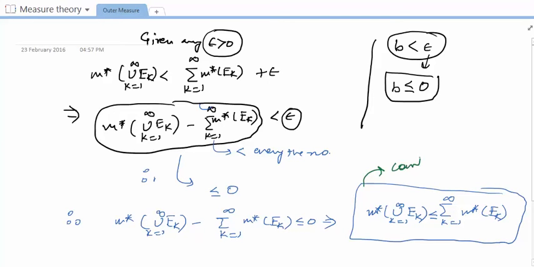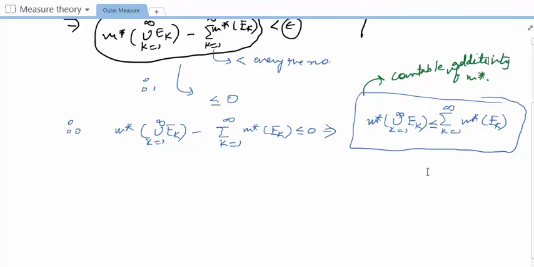Countable subadditivity property of m star. And obviously, if this is true for a countable collection, it is true for a finite collection also. So we do have the finite subadditivity property as well. How? You can just take all the ek's for k greater than n as phi.